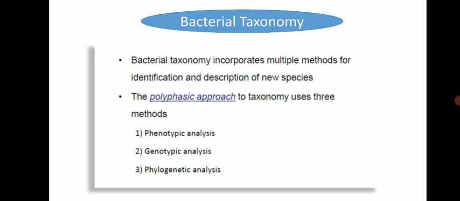It uses three methods: phenotypic analysis, which is based on morphological features; genotypic analysis, which depends upon genotypic characteristics, DNA and RNA molecules; and phylogenetic analysis, which studies how organisms are related, how they evolved, and how they diverged through the course of evolution.